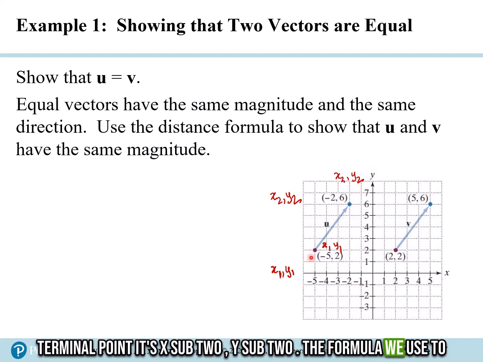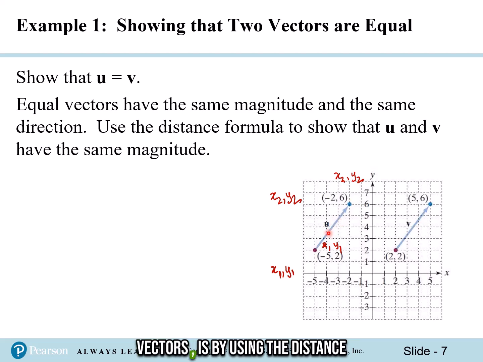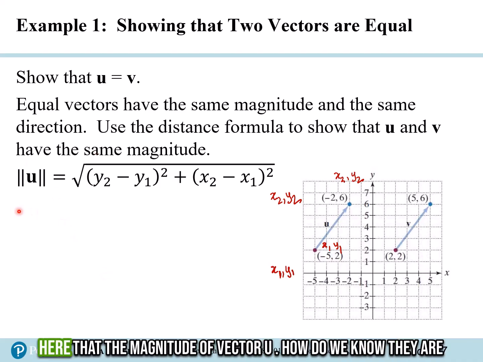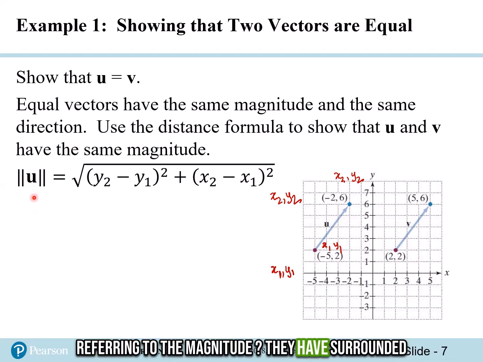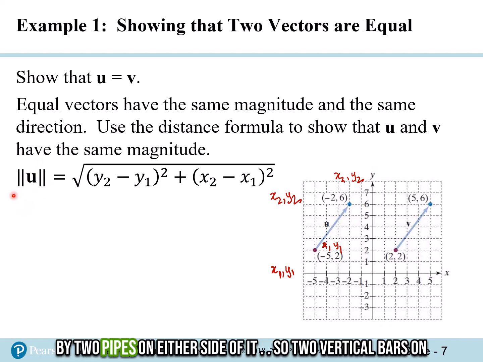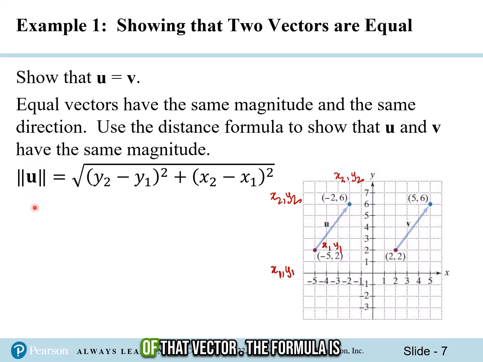The formula we use to find the length between the 2 points, the length of the vectors, is the distance formula. So let's pull up the distance formula. It shows here the magnitude of vector u. How do we know they are referring to the magnitude? They have surrounded the vector notation by two pipes on either side of it. So two vertical bars on either side of u tells us that we are referring to the magnitude of that vector.